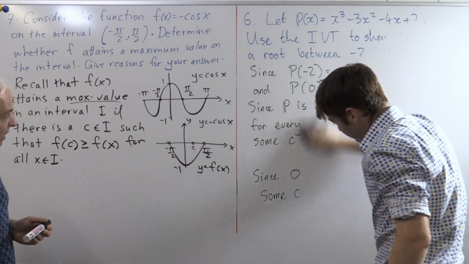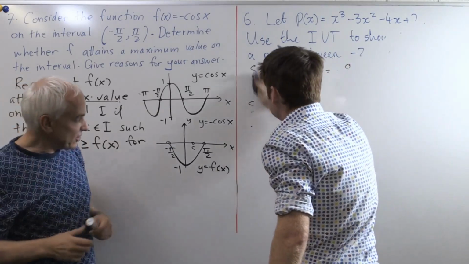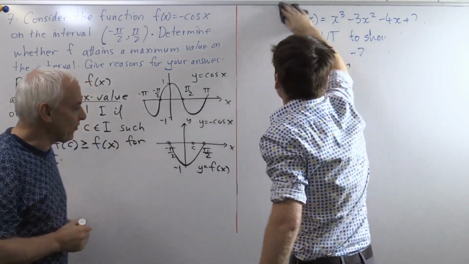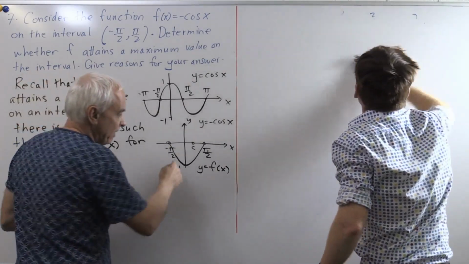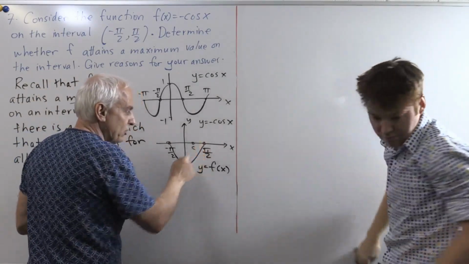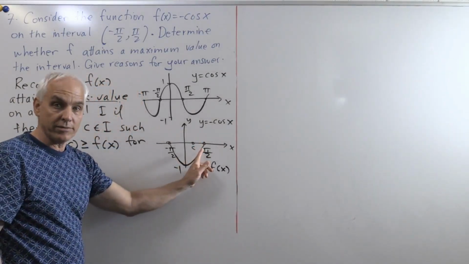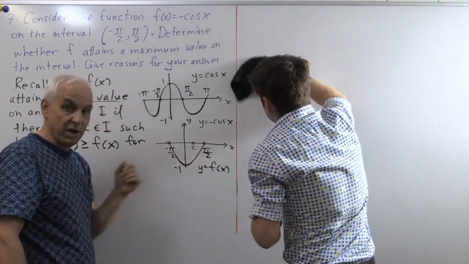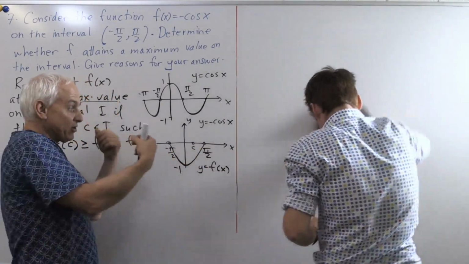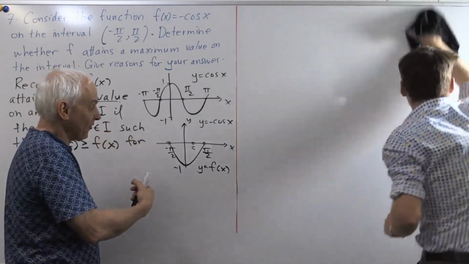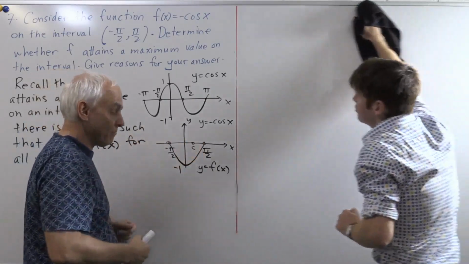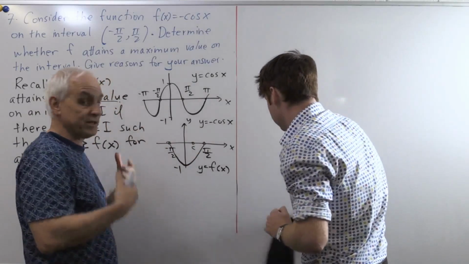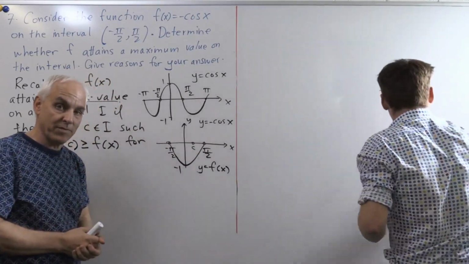So we're looking for a point in the interval in question at which the function has a maximum. And I think we can see here that that's not going to happen, because geometrically the function's values are going to be getting closer and closer to 0 as we move towards pi over 2 or minus pi over 2. But we don't actually ever get to 0 because the points pi over 2 and minus pi over 2 are excluded from the interval in question.